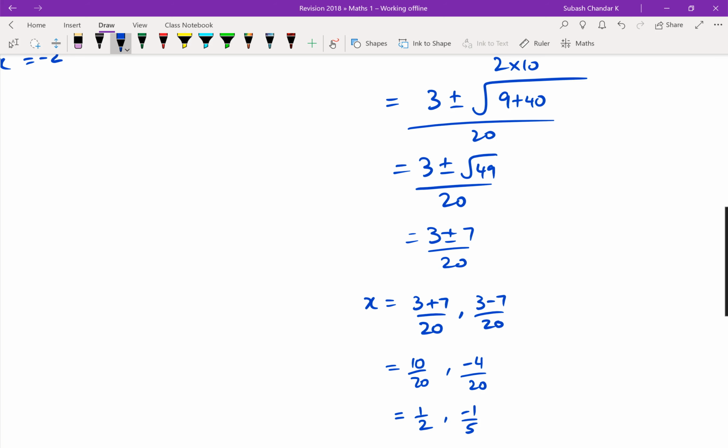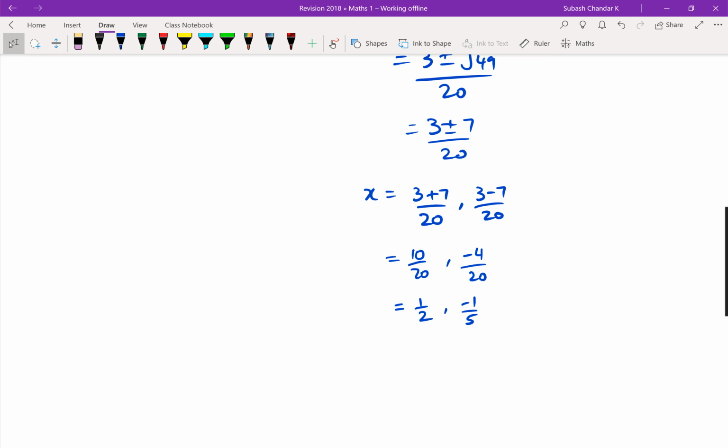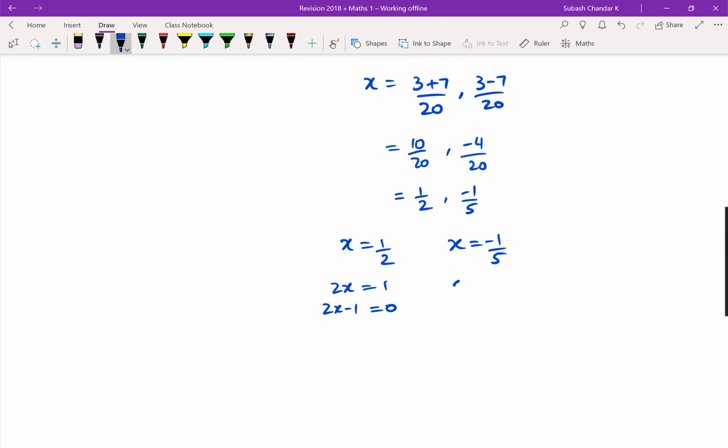Yesterday, I asked you guys to factorize. Now if you're asked to factorize, that's when you go and do this. When you want to factorize, you put x equals a half, x equals negative 1 over 5, and then you cross multiply to make it 2x equals 1, and 2x minus 1 equals 0. And then here you're going to get 5x equals negative 1, 5x plus 1 equals 0.